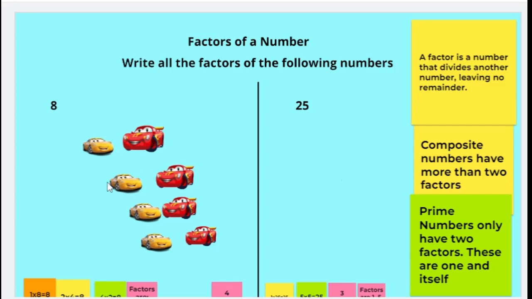Now, we have about 8 cars right here. All right? So, we want all the factors of 8, all the numbers that can divide into 8 without leaving no remainder. All right, so can we try 2? 8 divided by 2.